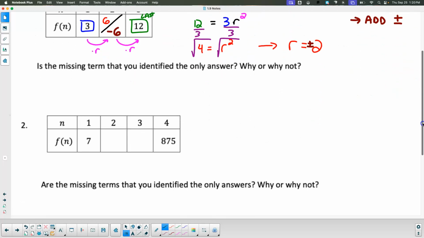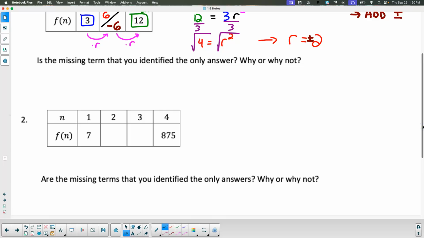Let's try number 2. My last number was 875. My first number is 7. And how many jumps did I go? 1, 2, 3. So that would be r to the 3rd power. Okay.